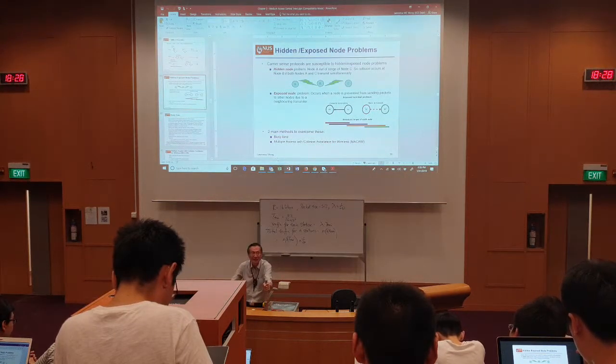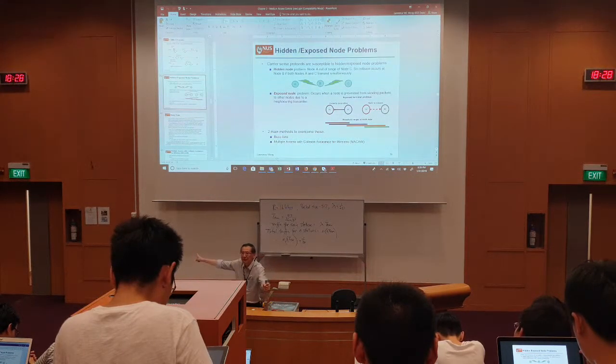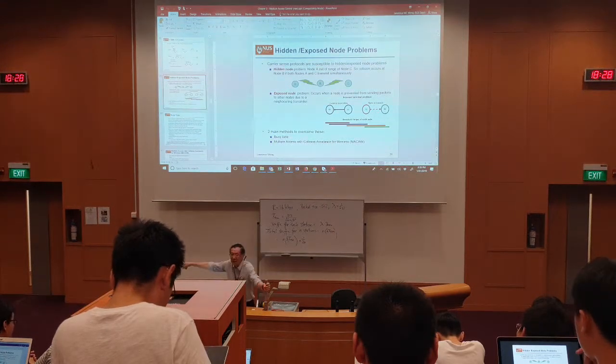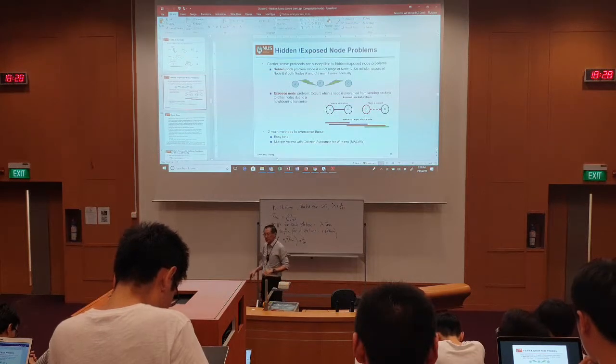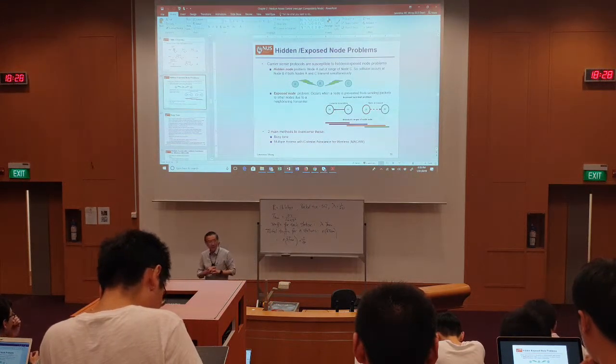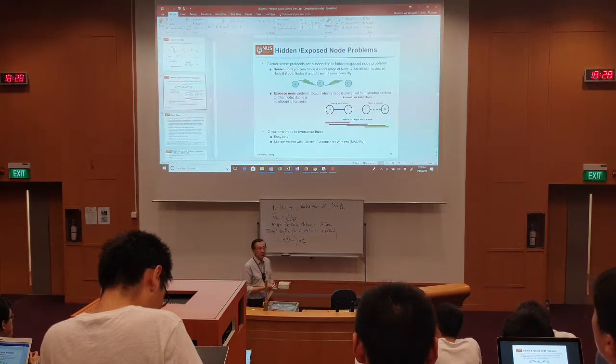C is a sender, not a receiver, and it's sending to D. Its signal cannot reach there. So that's called the exposed node problem. We have a scheme here to deal with these two.